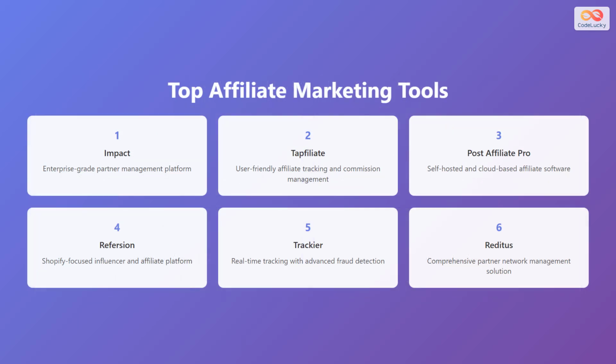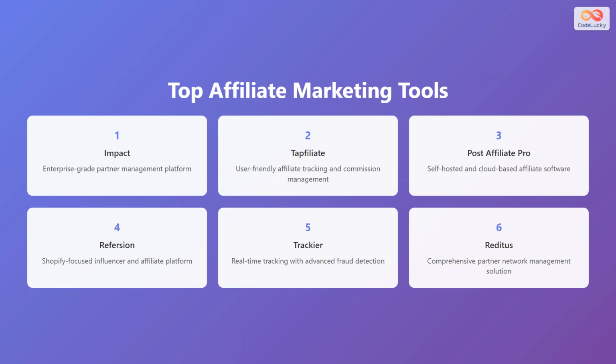There are 6 major platforms dominating the affiliate marketing space today. Impact is an enterprise-grade partner management platform built for large organizations. Tapfiliate offers user-friendly affiliate tracking and commission management, perfect for growing businesses. Post-Affiliate Pro provides both self-hosted and cloud-based options for maximum flexibility.